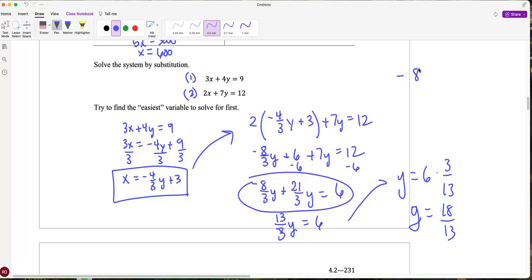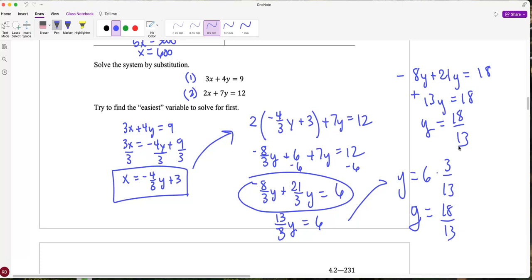Negative 8y plus 21y equals what, 18? So 13y equals 18. Let's see if I missed a minus sign somewhere. No, this is a positive 13. So y is equal to 18 over 13.